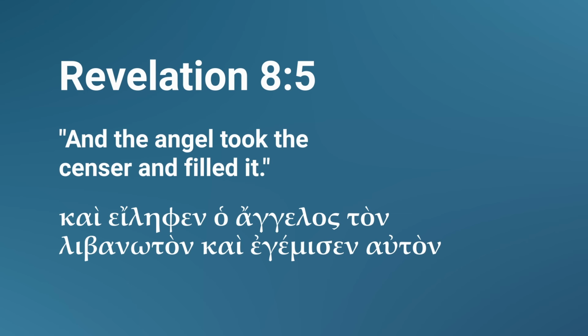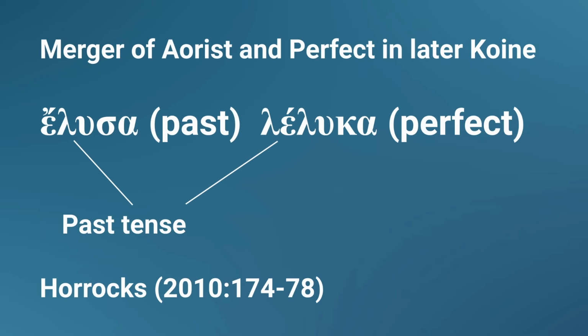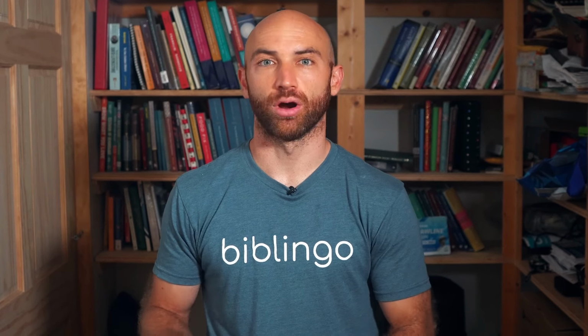And the angel took the censer and filled it. The perfect eilephen is immediately followed by the aorist egemisen, and the two seem to be interpreted identically. In later Greek, the perfect will become the standard form for this kind of use, so it seems that we see the beginnings of that trend happening here.